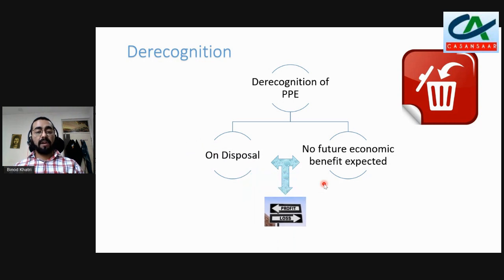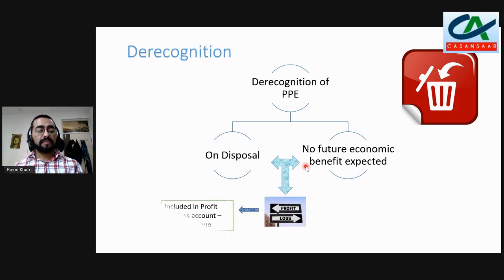And let's see how to recognize profit or loss on de-recognition. We need to de-recognize the PPE from the financial statement, and there will be some profit or loss on derecognition, and we need to treat that profit or loss in the financial statement, right?